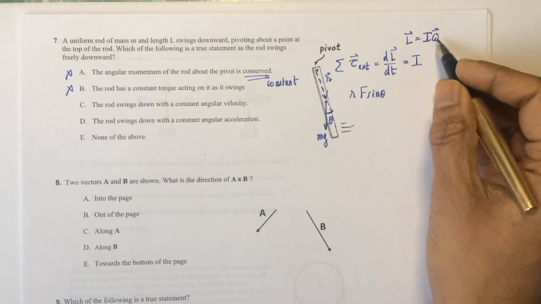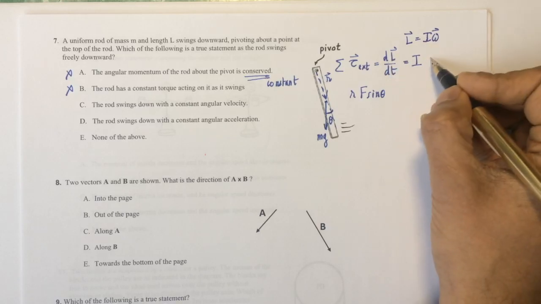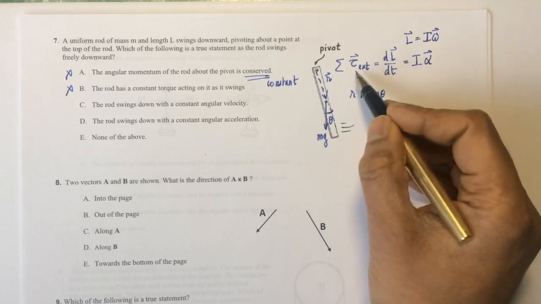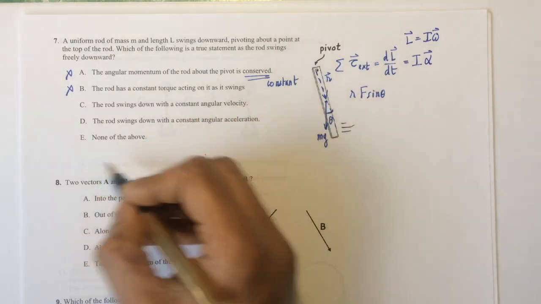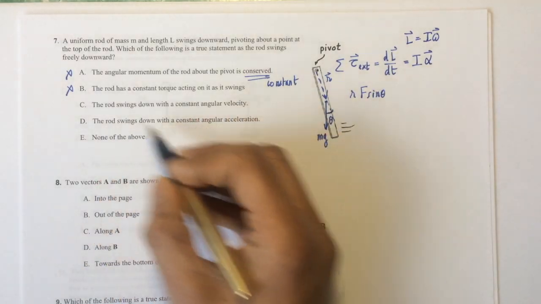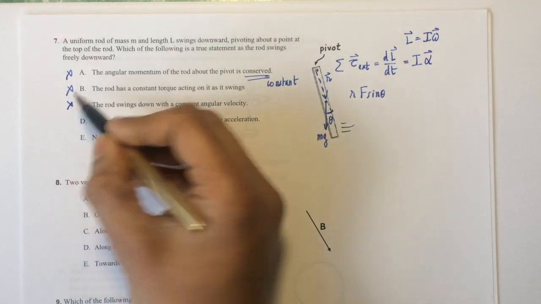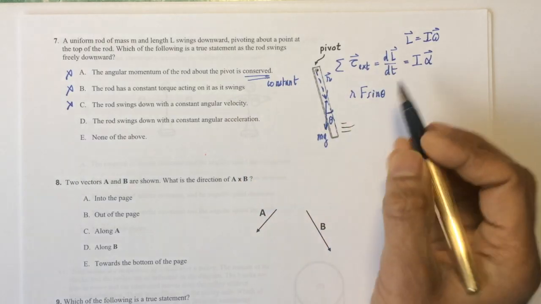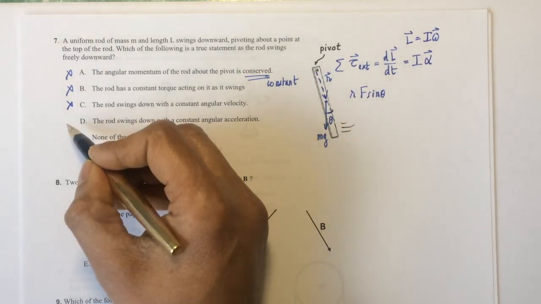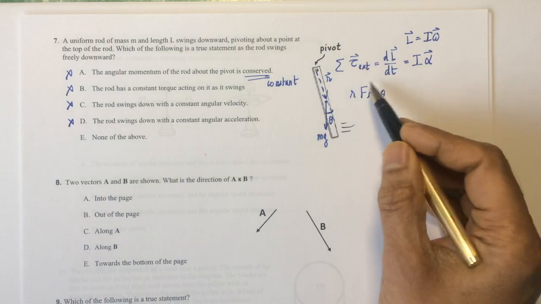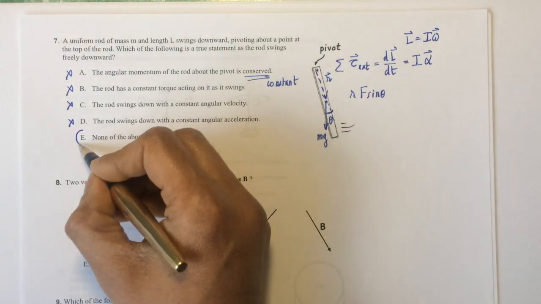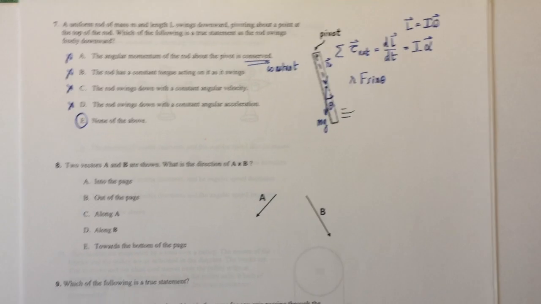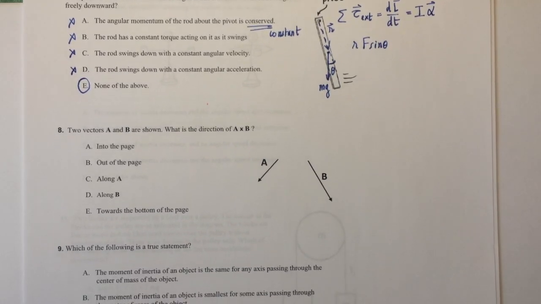I can take the I outside, and it's going to be the rate of change of omega, which is alpha. So if torque is not 0, alpha cannot be 0 either. If alpha is not 0, then this is not true. Also, alpha is not constant because alpha does depend on theta. So none of the above is correct. It's one of those multiple choice questions where none of the answers is correct.